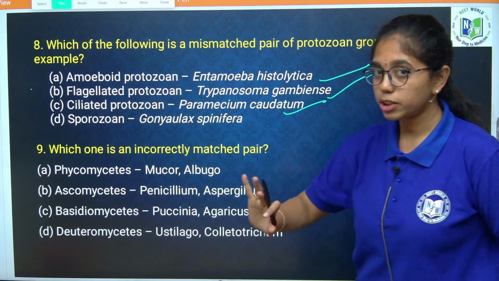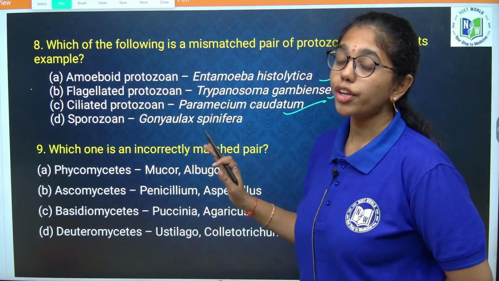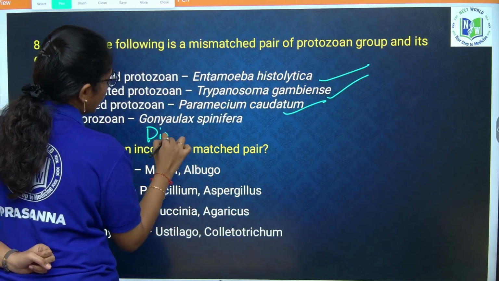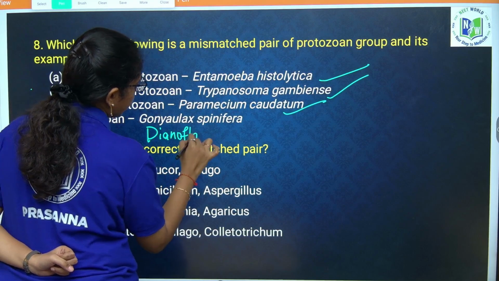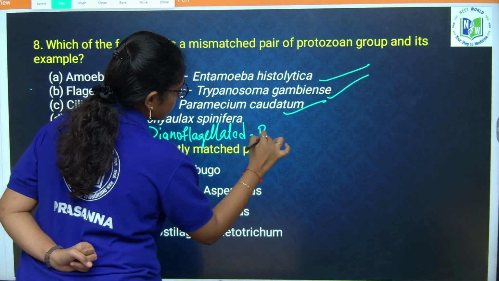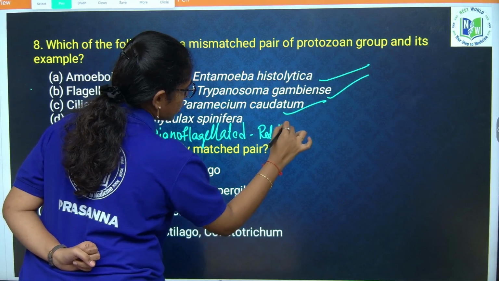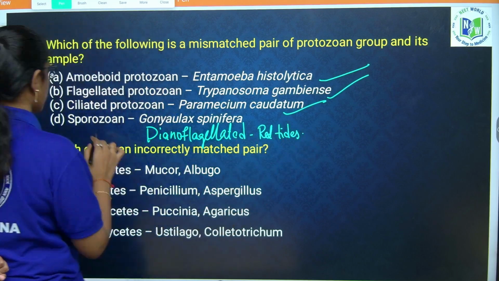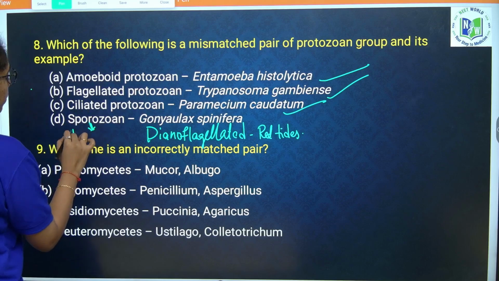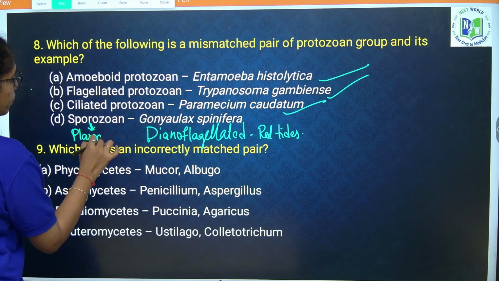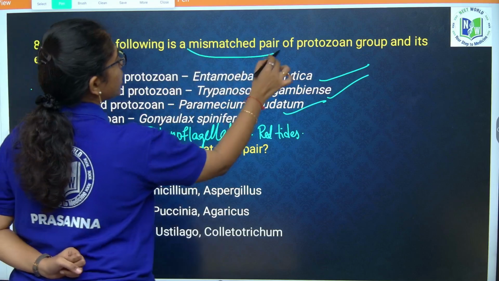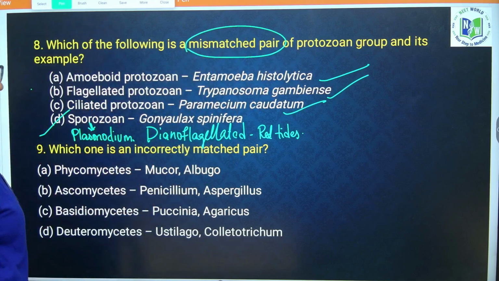Sporozoan includes Plasmodium, not Gonyaulax. Gonyaulax is a dinoflagellate which causes red tides because of its cell proliferation. So, what is a sporozoan? A non-motile Plasmodium, which is a malarial parasite. So, what is the mismatched pair here? Option D is the answer.